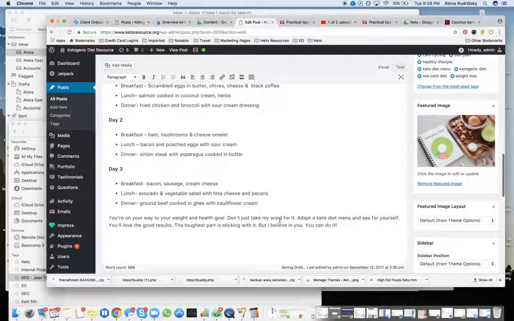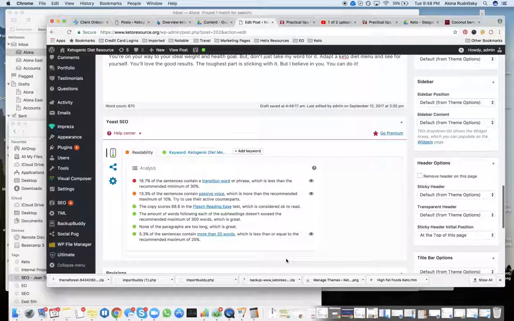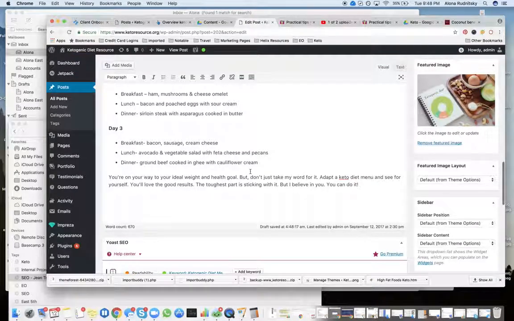Don't take my word for it. You're on your way to your ideal weight and health goal. Okay, so now we're at 18.7. So when I break the sentence, it goes up because now there are fewer sentences. It wants 30% of the sentences to have transition words. But don't take my word.